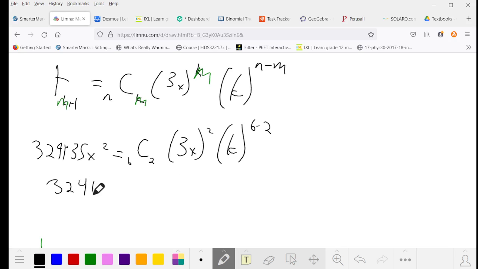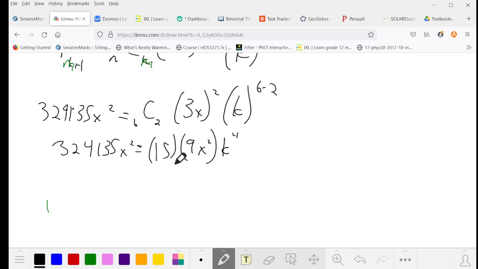So 324,135x squared, 6C2 is 15 times the 9x squared times a k to the 4.